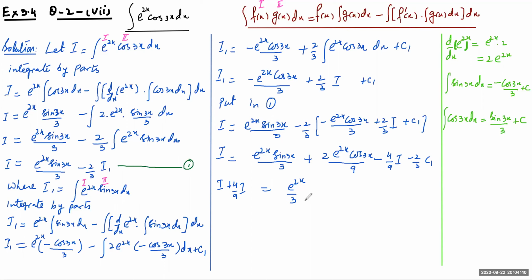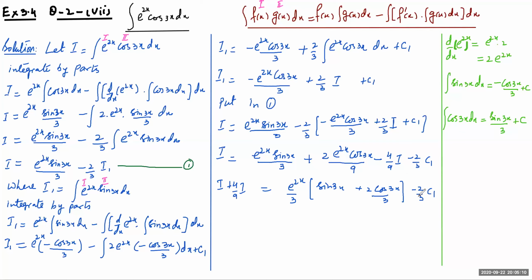I take it common. Inside the bracket, I have sin 3x, and from here I have 2 cos 3x. This minus 4 by 9 I has gone to this side. And then I have minus 2 by 3 C1.